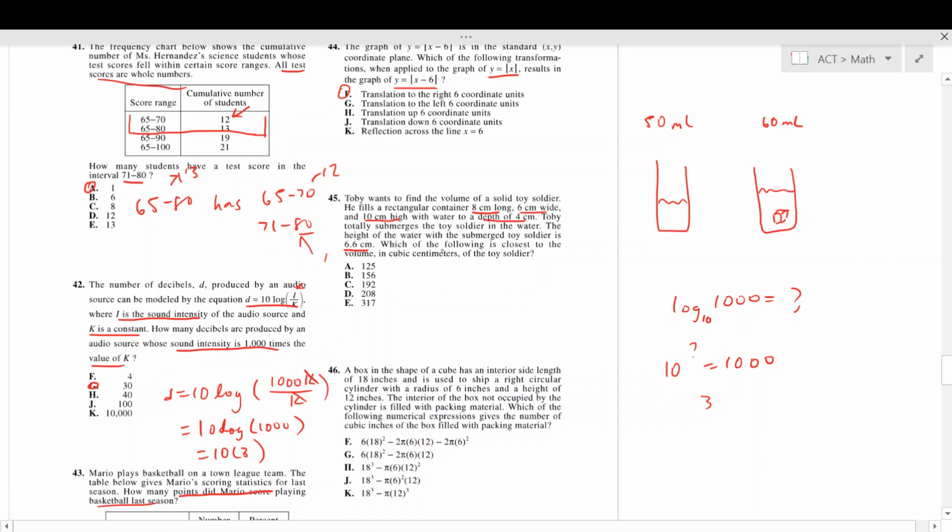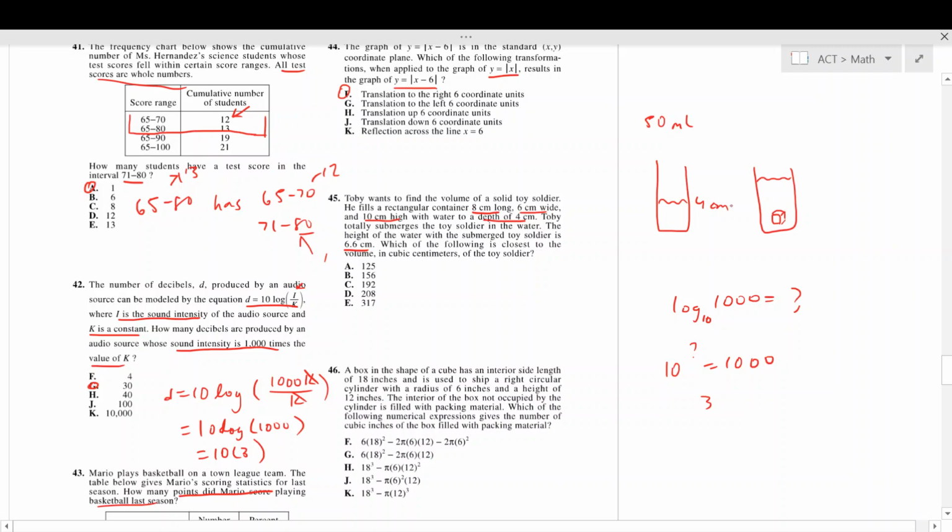So the container was originally, I'm actually going to use the straw. Since I already drew it, might as well use it. So if this was originally 4 centimeters high, and now with the toy soldier, I know that's not a toy soldier, let's just pretend it is.